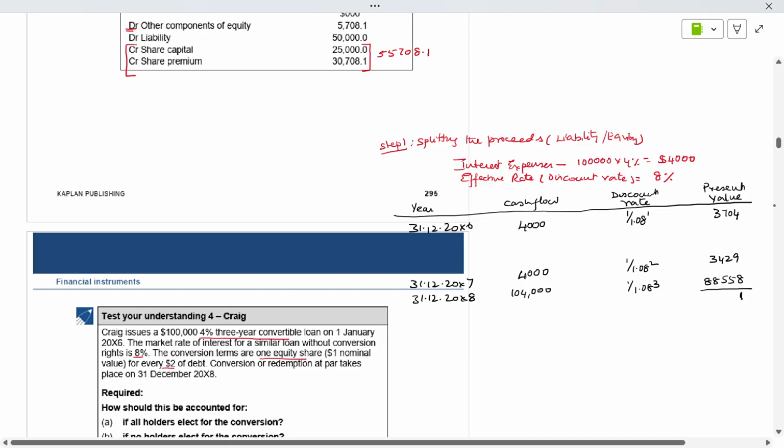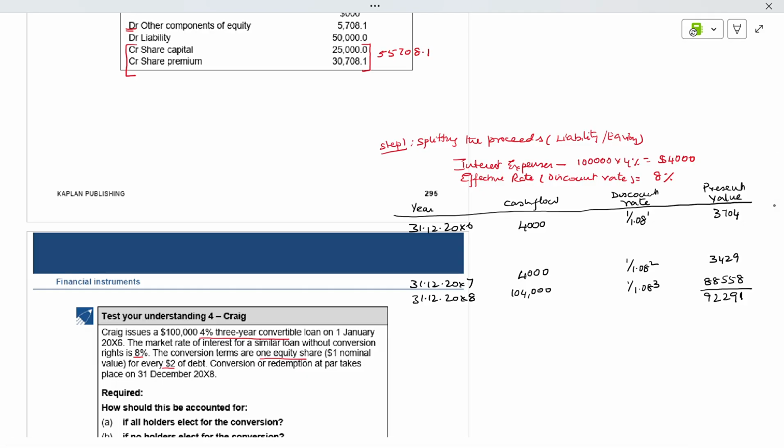2 9 5 4 9 9 plus 3 2 1 2 1. How much will you get?